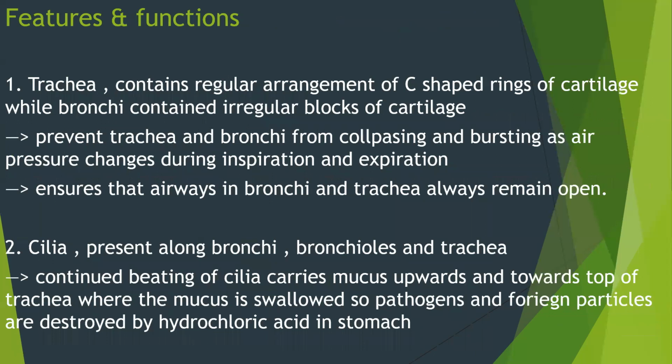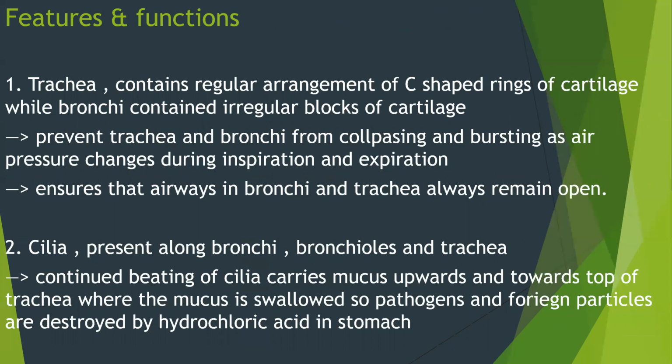So the first part we talk about is the trachea. The trachea and bronchi contain something called cartilage, and cartilage appears in these two structures in different forms. In the trachea, it contains a regular arrangement of C-shaped rings. So the cartilage is arranged in a C shape.